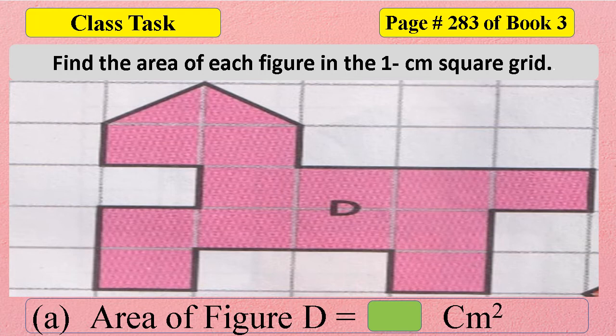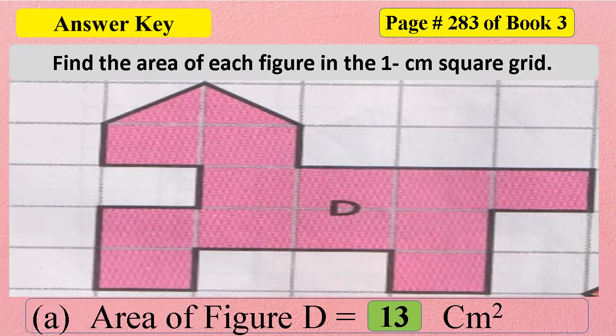Now we do the remaining part D of page number 283 of book 3. Dear children, you see the figure D here of the pink color, we count its square units. 1, 2, 3, 4, 5, 6, 7, 8, 9, 10, 11, 12.